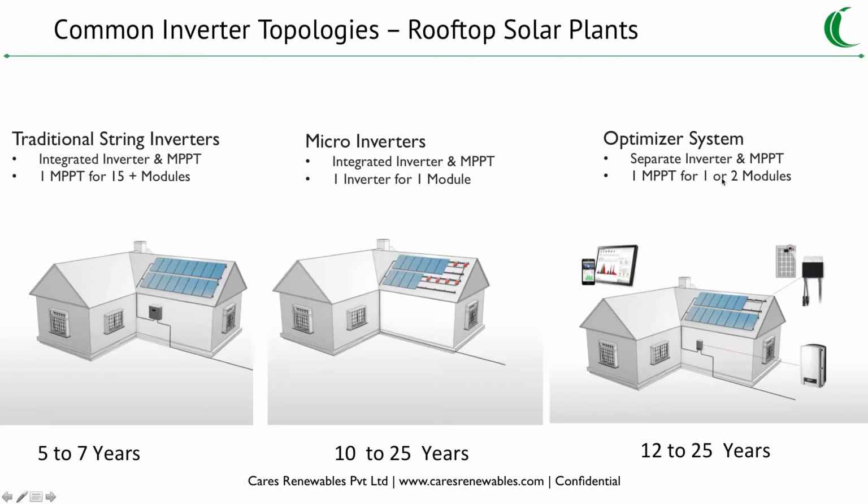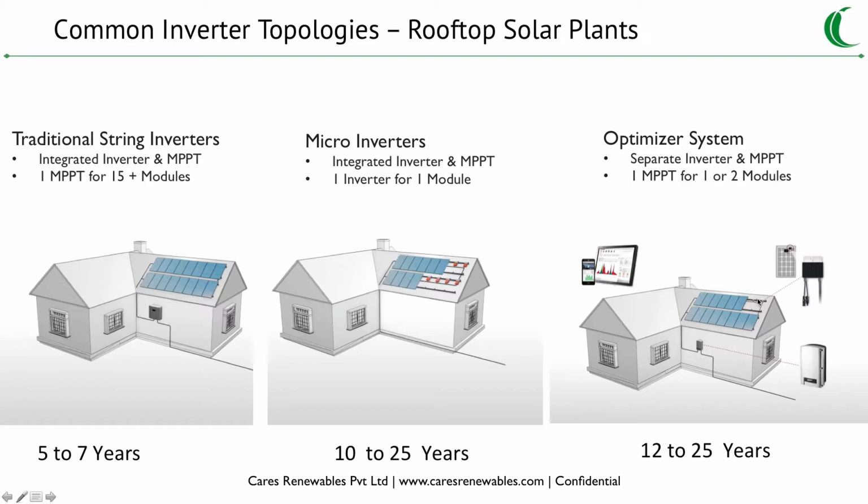And then the third architecture is kind of a hybrid. What it does is it splits the functionality. They take the MPPT and keep it at a module level, and this unit is called an optimizer.